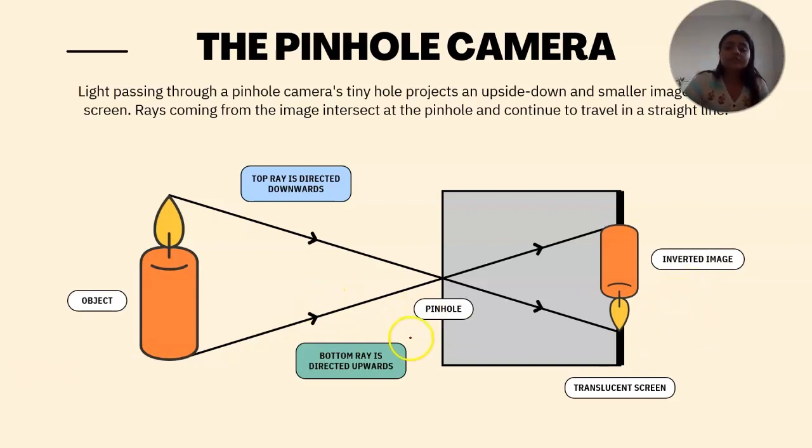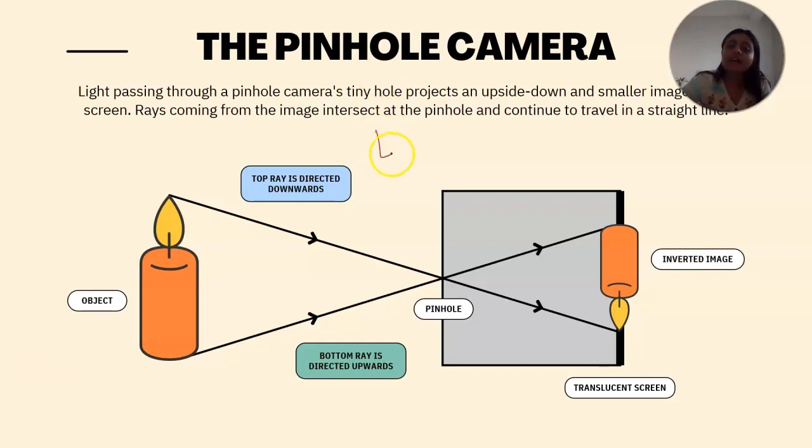Can you guess, if you want to change or modify this pinhole camera, what we can do? The problem here is that the light is not focusing. When it is going inside the hole, it is not being focused, right? So to rectify this mistake, or to make the light rays more focused, what do we need?